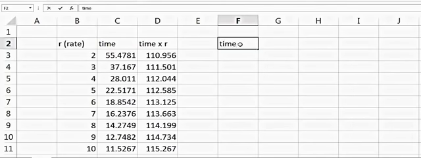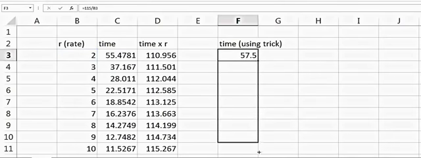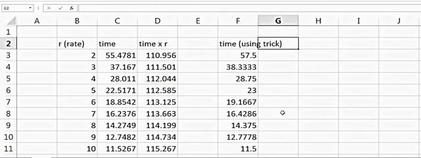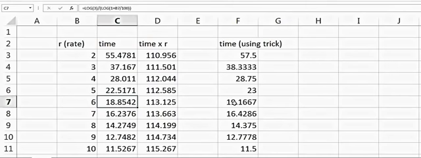Using the trick, we have 115 divided by rate, so that's 57.5 years. If you keep extending it, it's like this. If you compare anything, like for 6 years it says 18.85 years, but our trick says 19.16 years. So it is a good approximation.